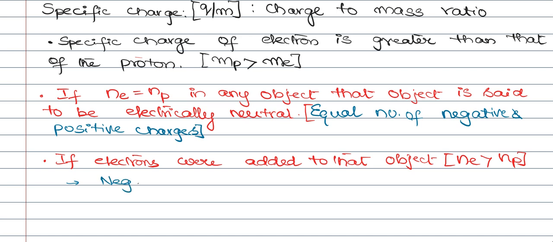It will be a negatively charged object. For a negatively charged object, we'll have an excess of electrons.